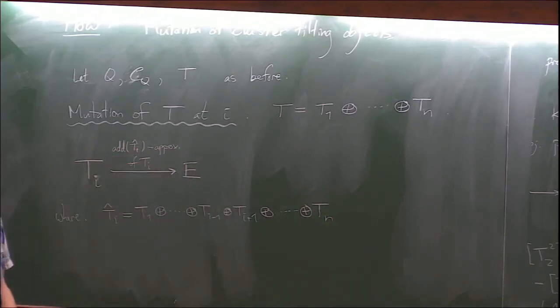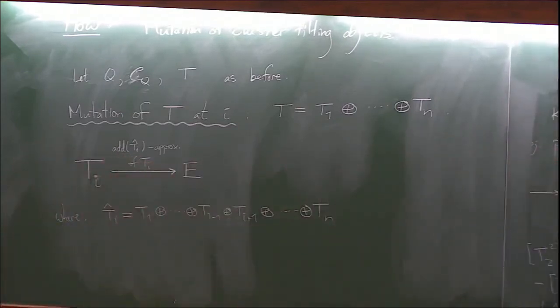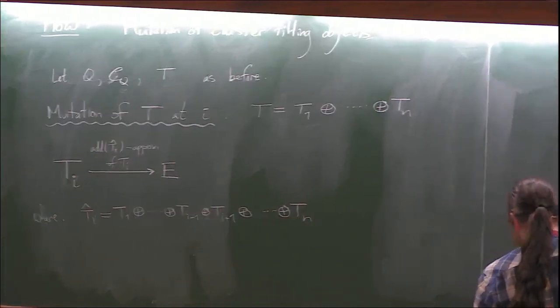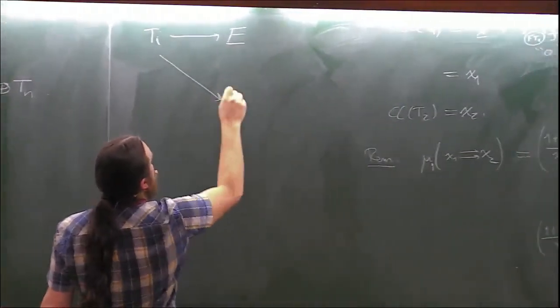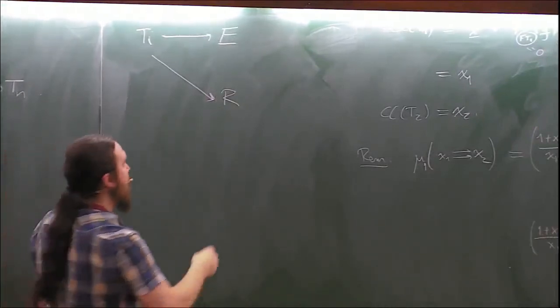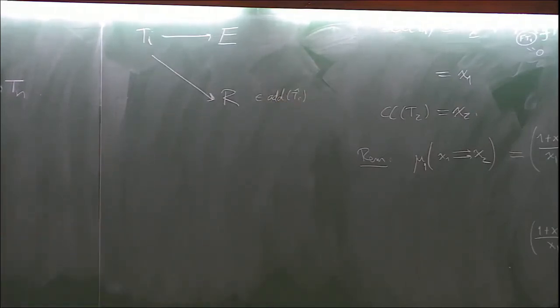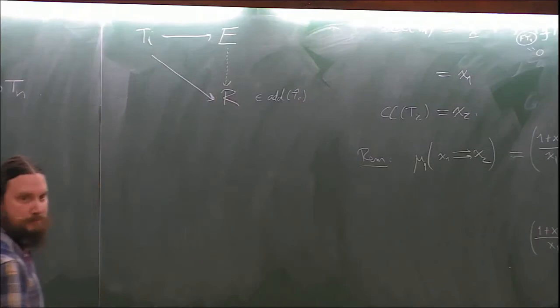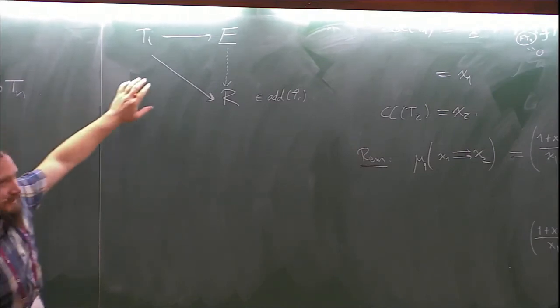And what does approximation mean? It means that if I have any other morphism like this, where this R is in add Ti hat, then this map factors through E. E is an object in add Ti hat, and this morphism here, together with the object E, are such that this condition is satisfied.